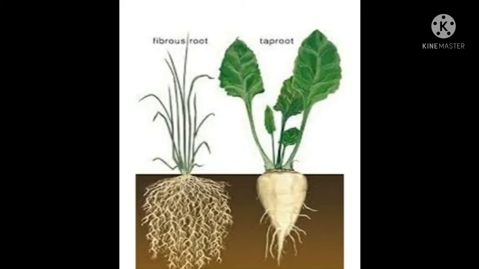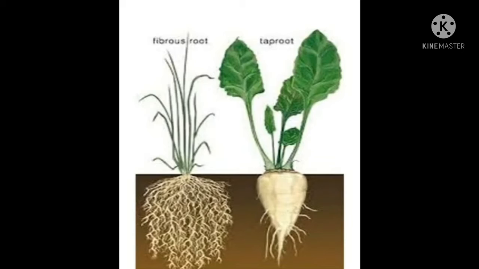If we see this picture, we can see that fibrous roots are those roots that arise at the base of the stem, and each and every fiber of the root arises at the same place and they appear just like fine threads.